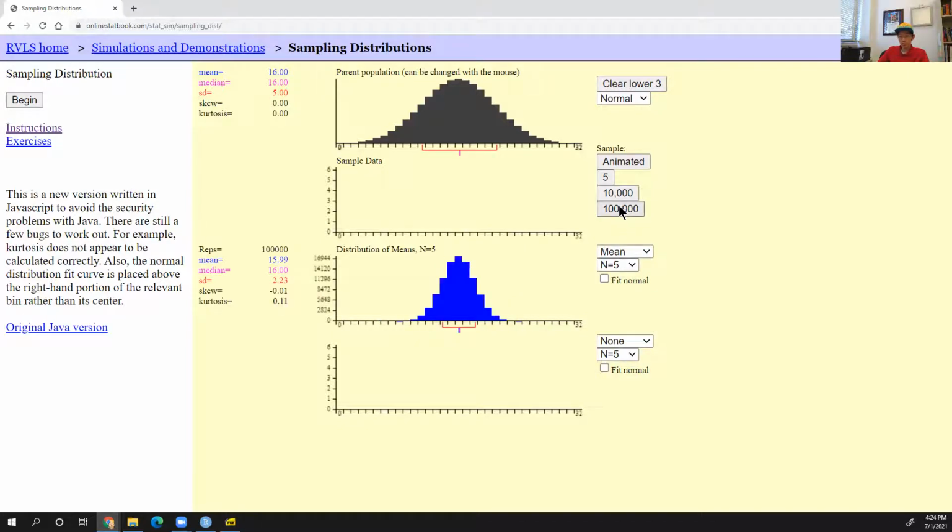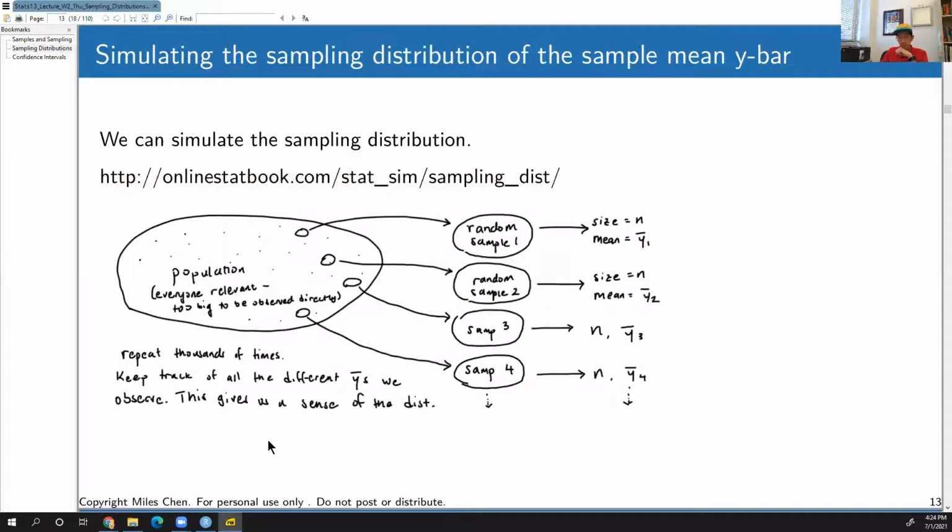And as I increase my sample size, n equal to 5, n equal to 10, n equal to 16, n equal to 20, and n equal to 25, the resulting sampling distribution gets a little bit skinnier.